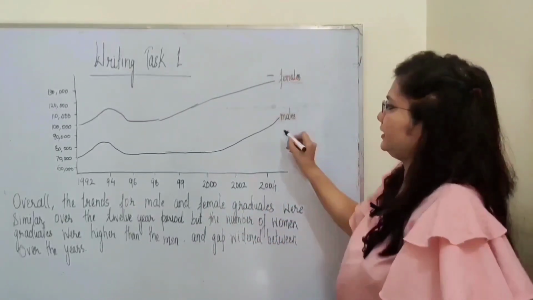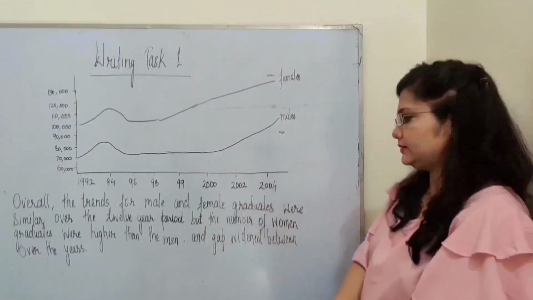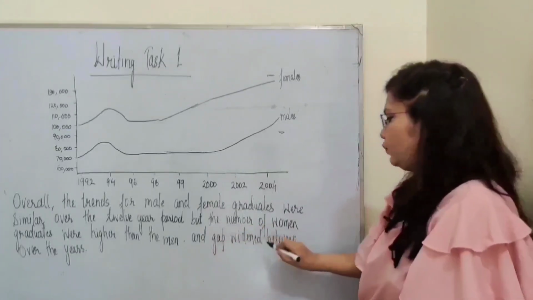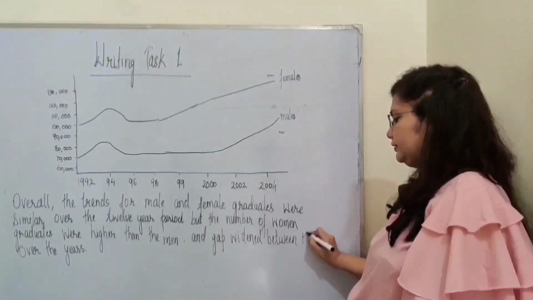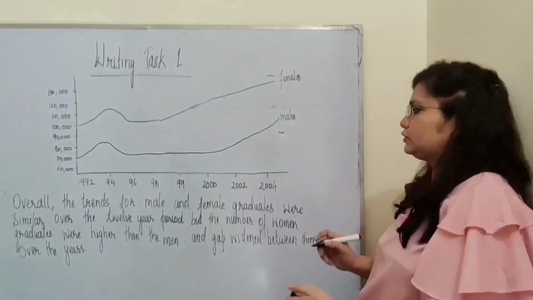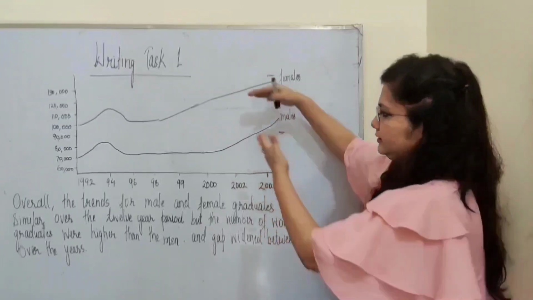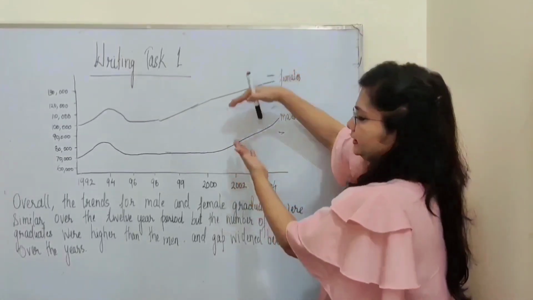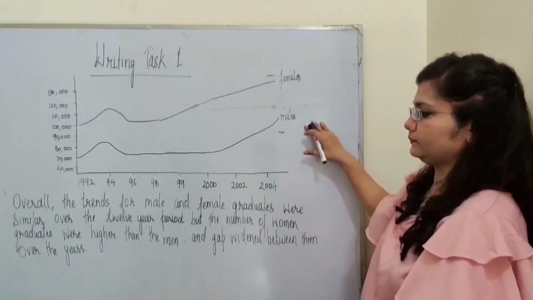See, this number is higher than the men. So, that is why that thing is written, and the gap widened between them over the years. So, in between them, what happened? Over the years, if you see this gap keeps on widening between these two. Okay.